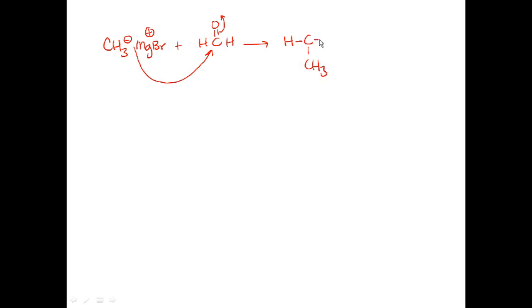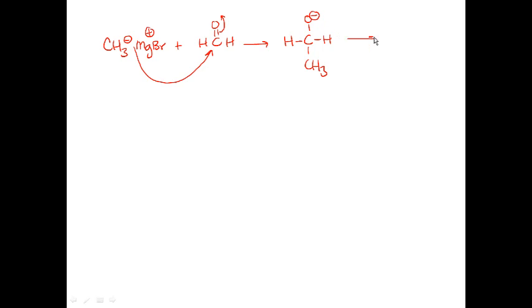For example, if we took a CH3 minus MgBr plus as a Grignard and reacted it with, let's say, formaldehyde, the CH3 minus would come in, attack the carbonyl, and the pair of electrons in the double bond would move to the oxygen so that we form our carbon-carbon bond and then the alkoxide ion.